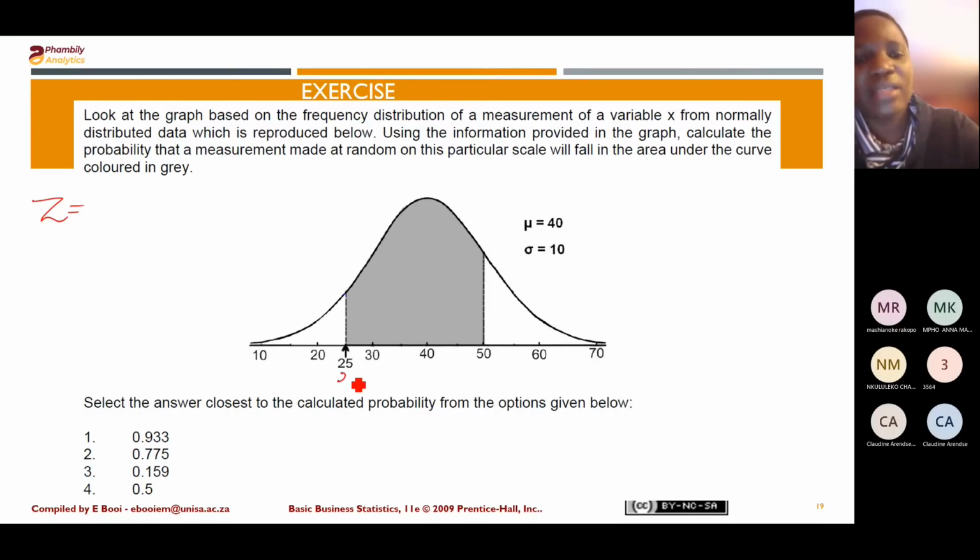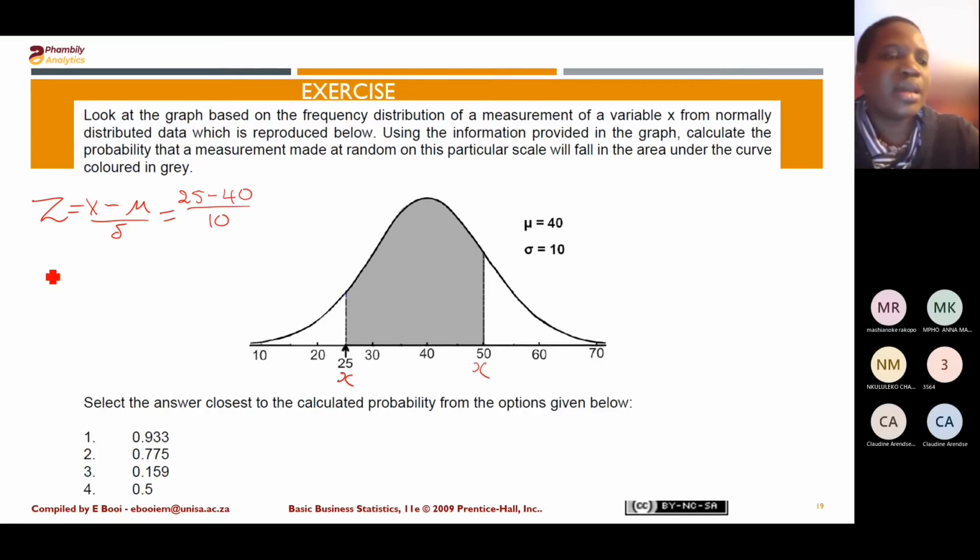So the first X is 25, the second X is 50. So Z is X minus the mean divided by the standard deviation. Our first X is 25 minus our mean of 40 divided by our standard deviation of 10.